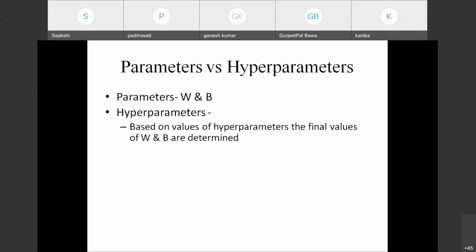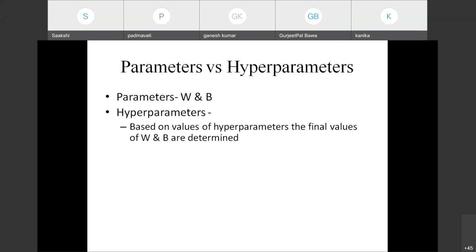Now the problem is, suppose we are not doing this systematically. That means we are not using derivatives, I am not following the backpropagation or gradient descent algorithm to reduce the loss. Suppose I randomly initialize each time.